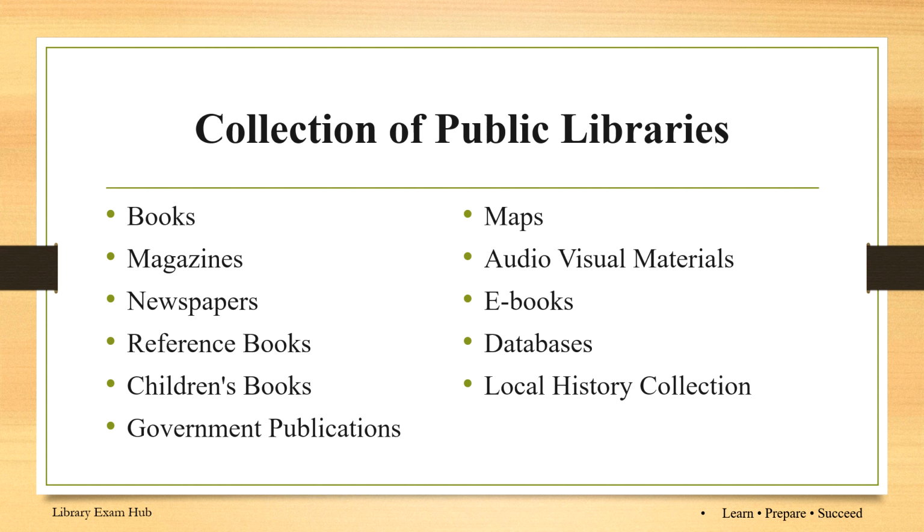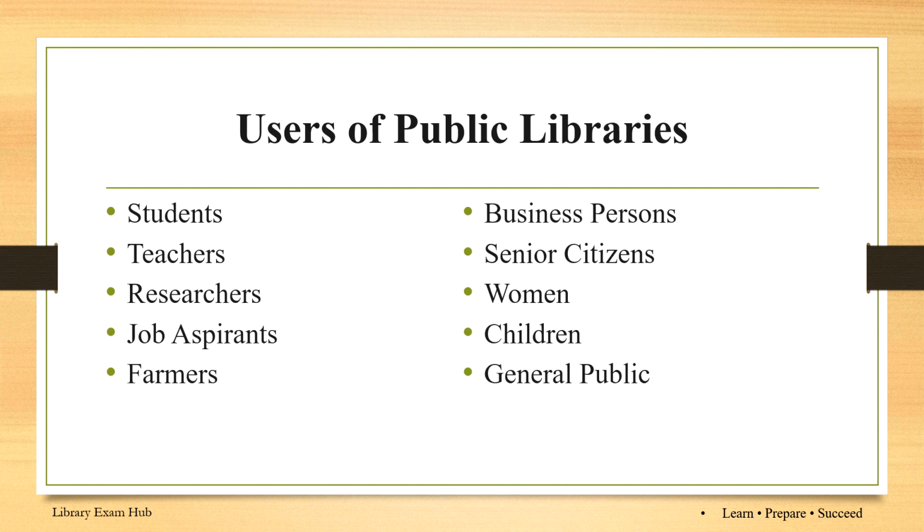The objective is to provide information, education, and entertainment to a wide variety of users. This includes school students, college students, teachers, researchers, job aspirants, farmers, business people, senior citizens, women, children, and the general public.